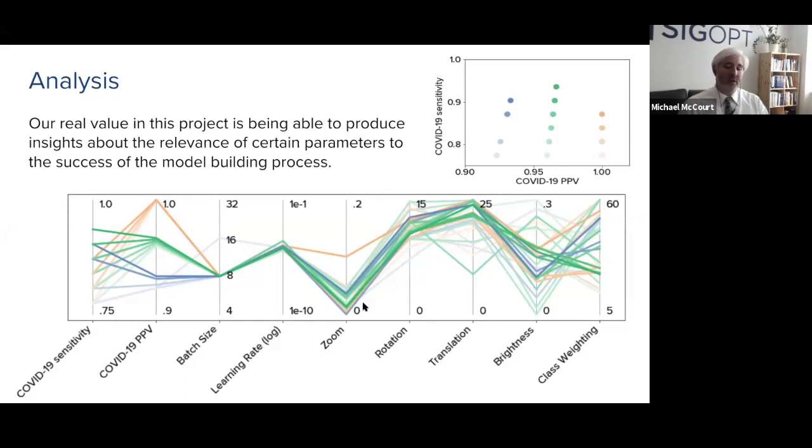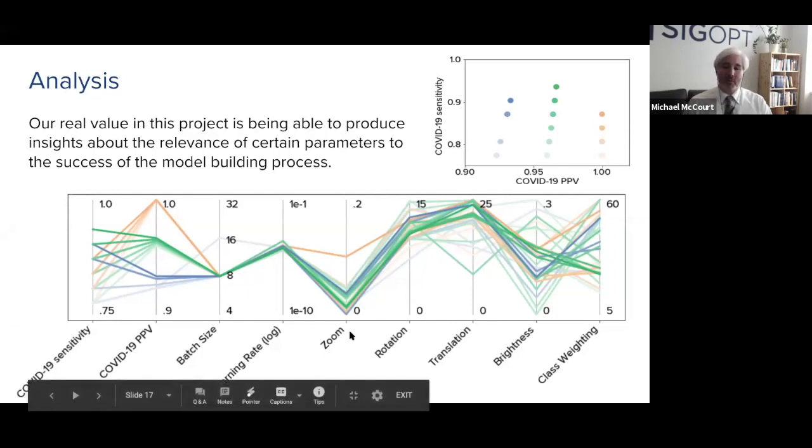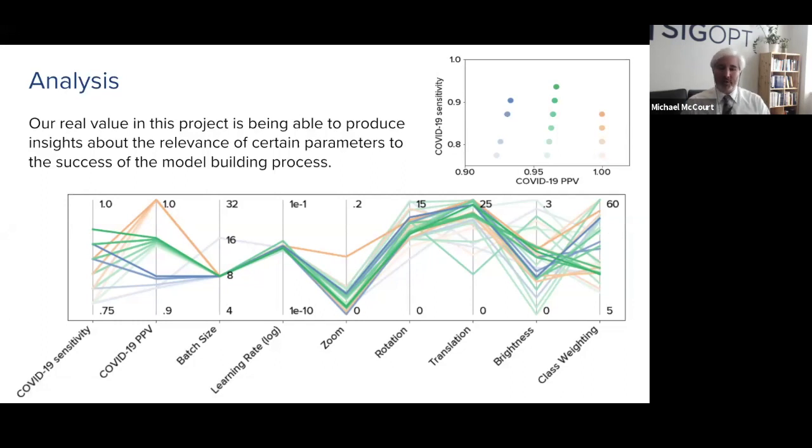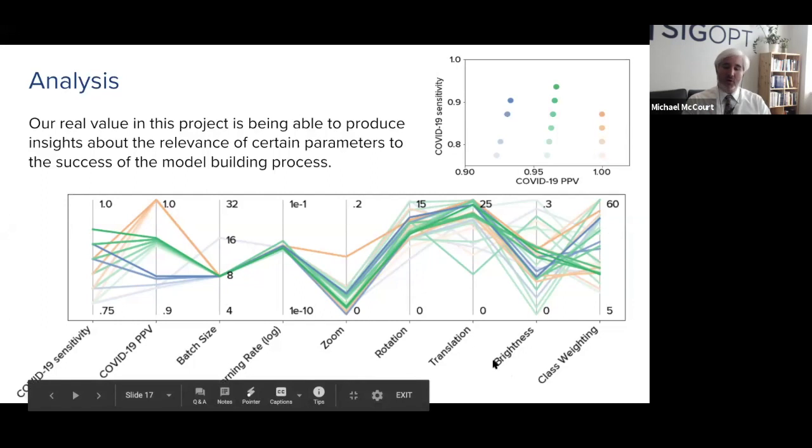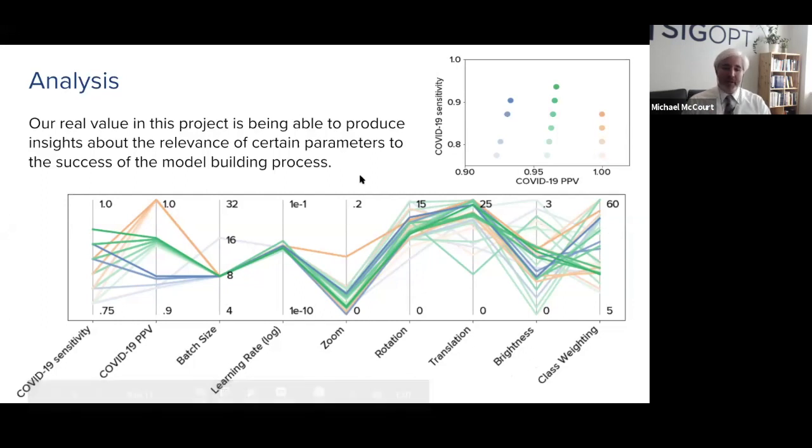But in particular of interest, or at least a surprise to myself and Linda, was that the rotation and translation parameters did have a very specific sweet spot, the region where adding additional augmented images with a somewhat high rotation, and actually what in my mind is a pretty solidly high translation, can provide the kind of high performance that we're looking for.